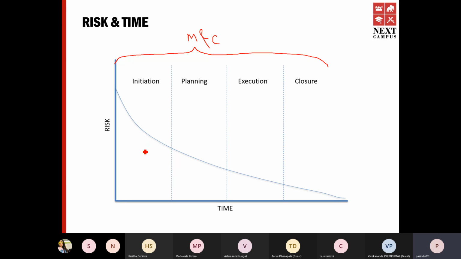Risk is highest in the beginning of the project because you're not committed, right? For example, I can go to an architect and say, I want a house built. This is the initiation of the project. I will tell them I want this done, this is my budget. But as a customer, I can walk out of that project anytime because I'm not committed initially.